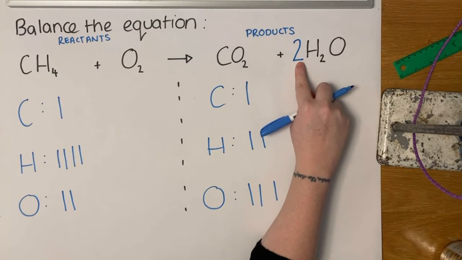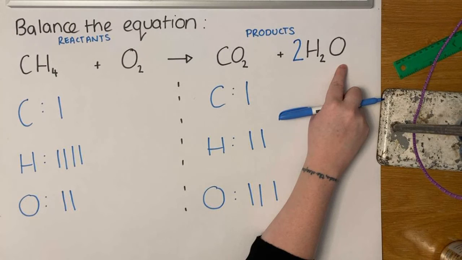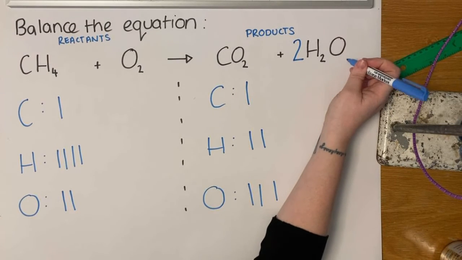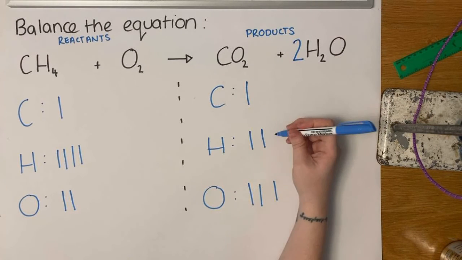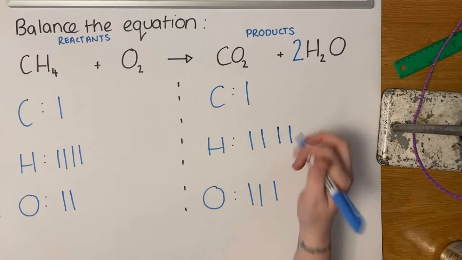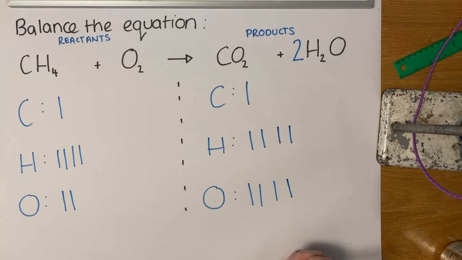So putting this big 2 in front of H2O means that I now have 2 lots of that whole molecule. So I get an extra 2 hydrogens, but I also get an extra oxygen. So I can change my tally as I go.